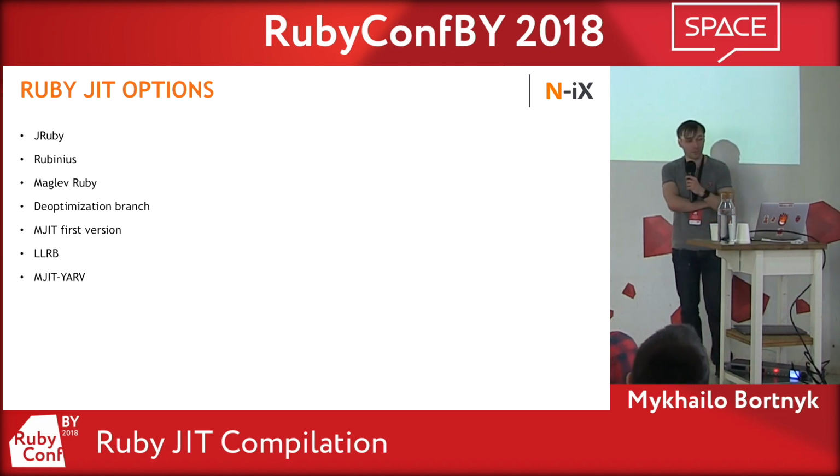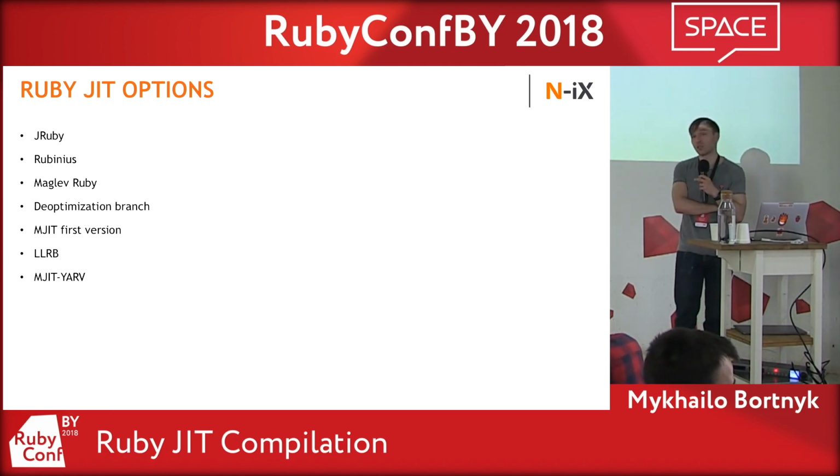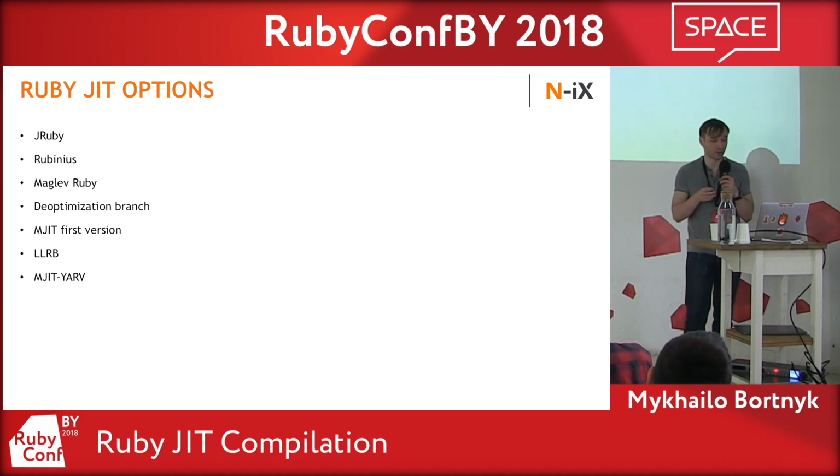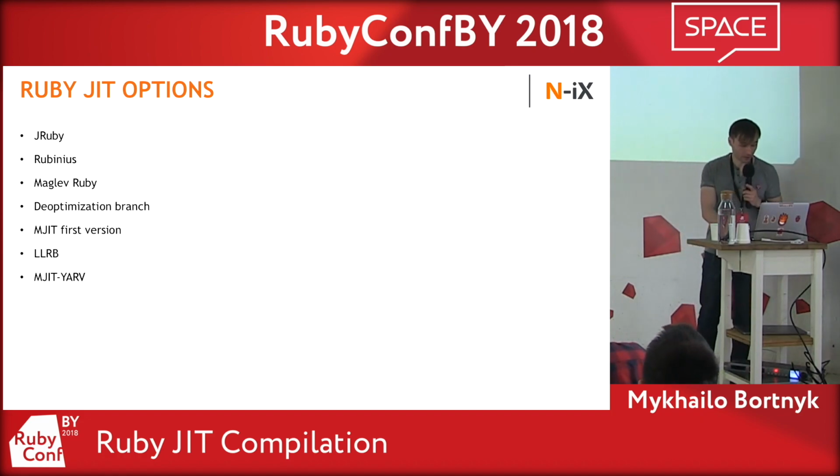It uses a specially patched version of Ruby 2.5, but it's not extensively patched, it just exposes some C constants needed for LLRB. It supports almost all YARV instructions, and it's still working for Ruby 2.5.